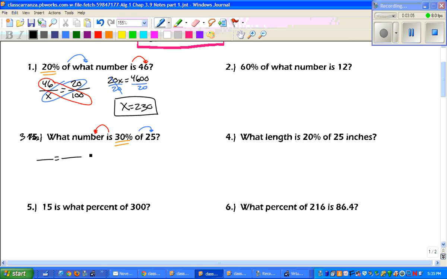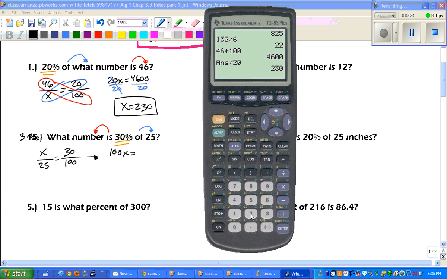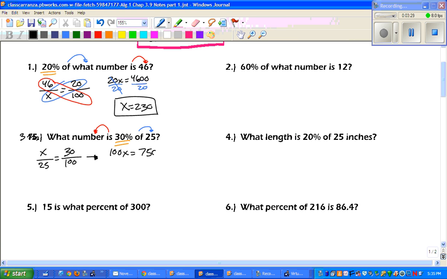When we set up our proportion, is x, of is 25, and then 30% over 100. Set up your cross multiplication, you get 100x equals 25 times 30, 750. Divide both sides by 100 to get the x by itself, and x equals 7.5. And it is okay to get decimals here.